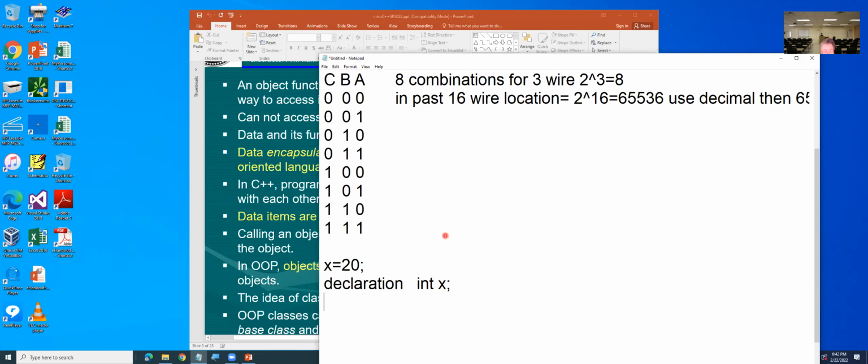So now, what happens inside the computer? The computer will prepare for you a location named I, and integer means they give you 2 bytes of memory. Each byte is 8 bits, so 2 bytes you get 16 bits.